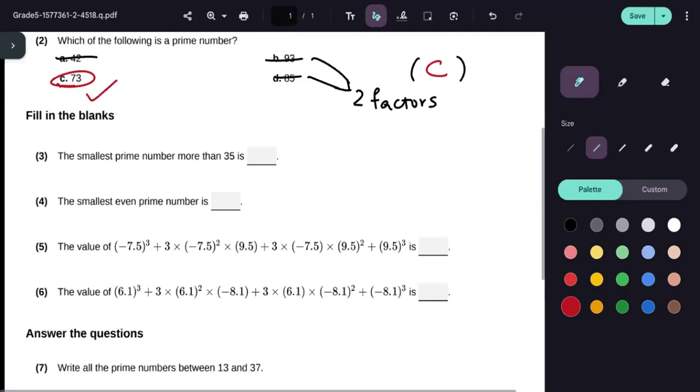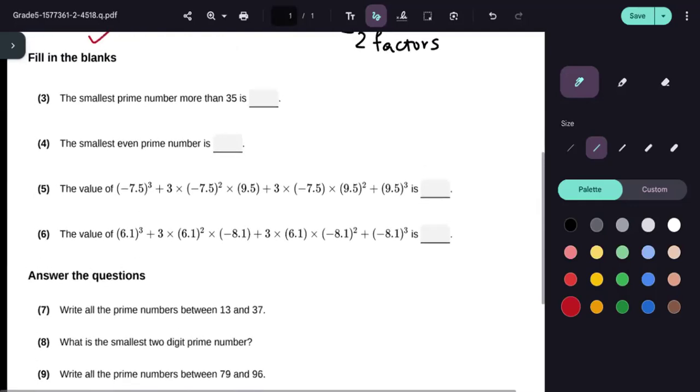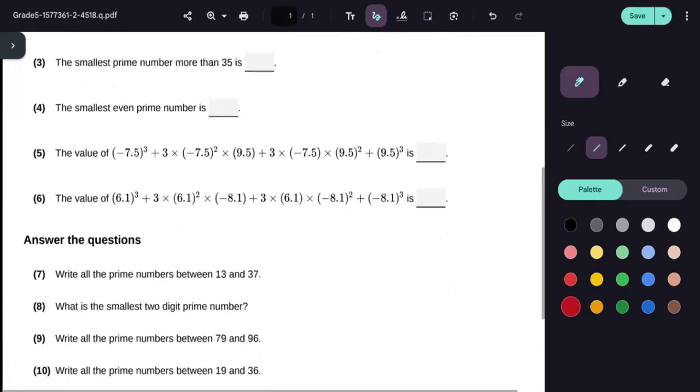Alright, now let's go to the next one. Fill in the blank. Question 3. The smallest prime number more than 35 is, so they want you to state the next prime number after 35. So we have what?